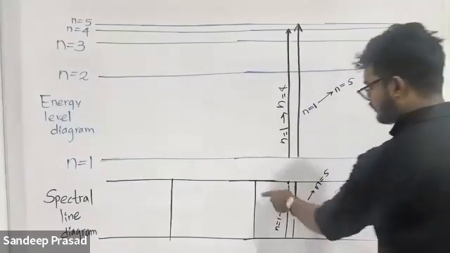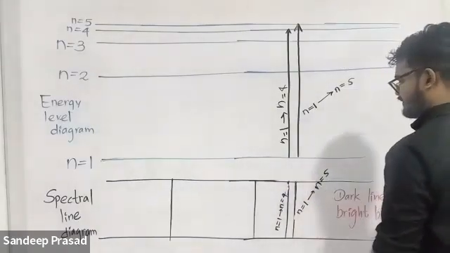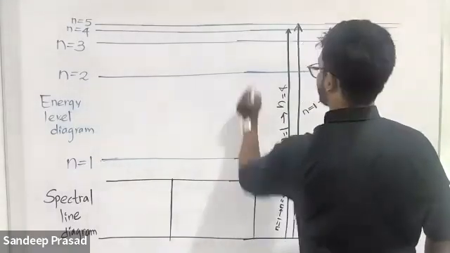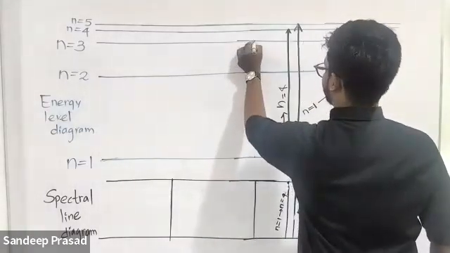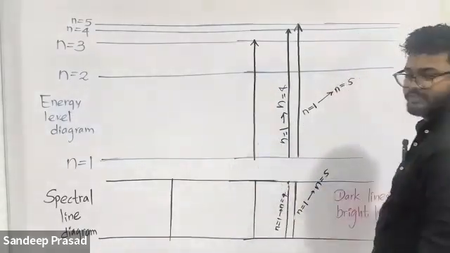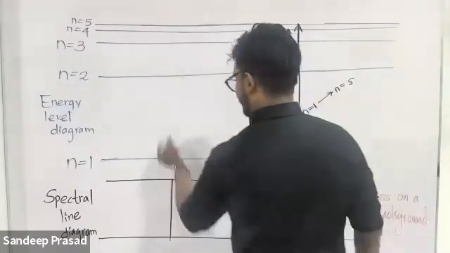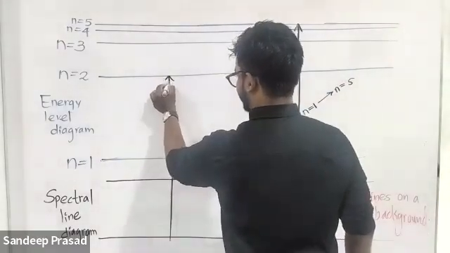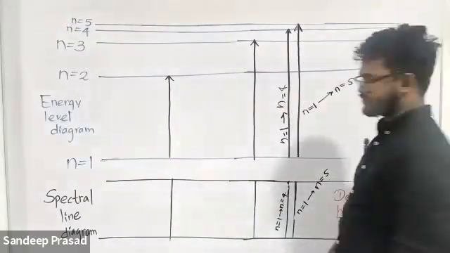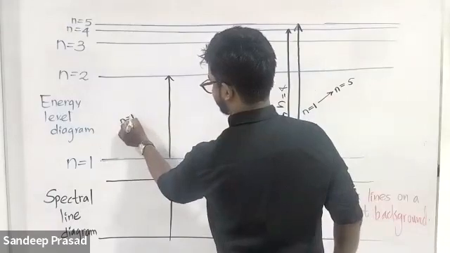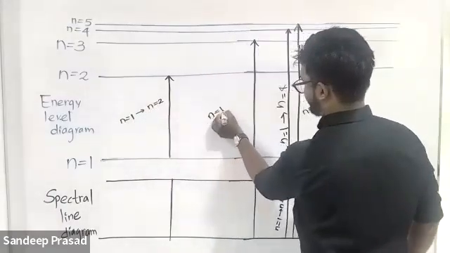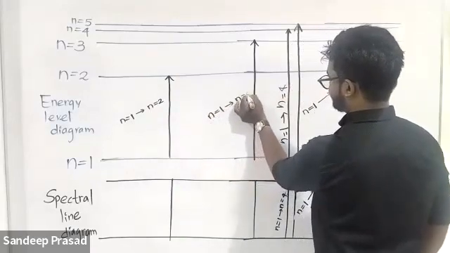Right. Now, the third line represents the electron transition from n equals 1 to n equals 3. This spectral line represents the electron transition from n equals 1 to n equals 2. This one is from n equals 1 to n equals 3.